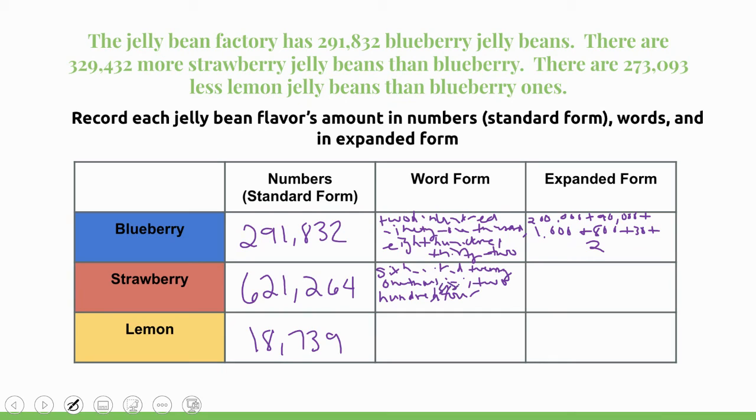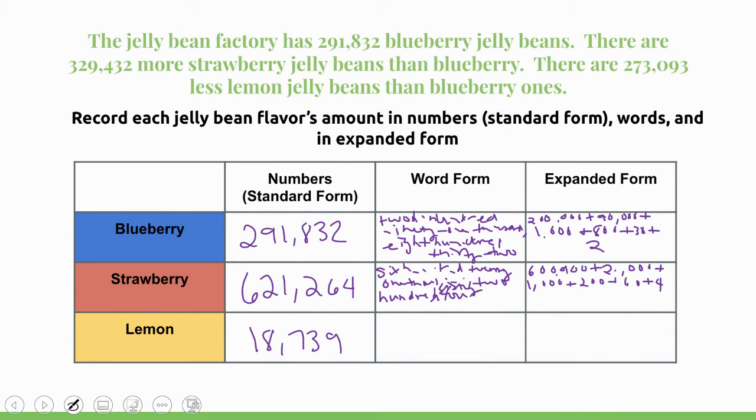Forgot my 60. And in expanded form, 600,000 plus 20,000 plus 1,000 plus 200 plus 60 plus 4.